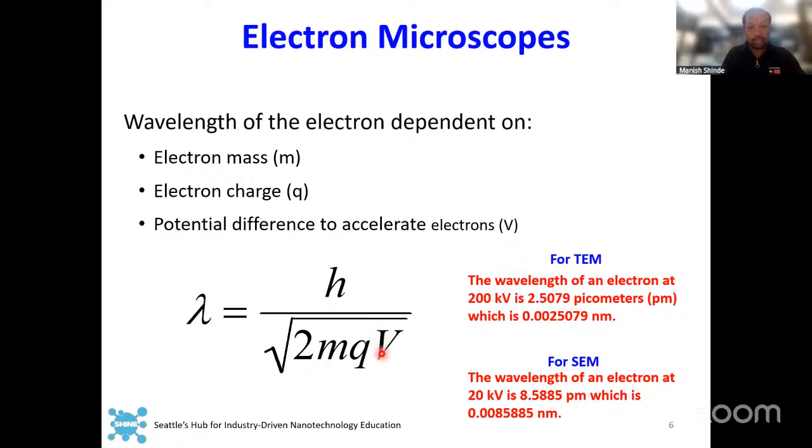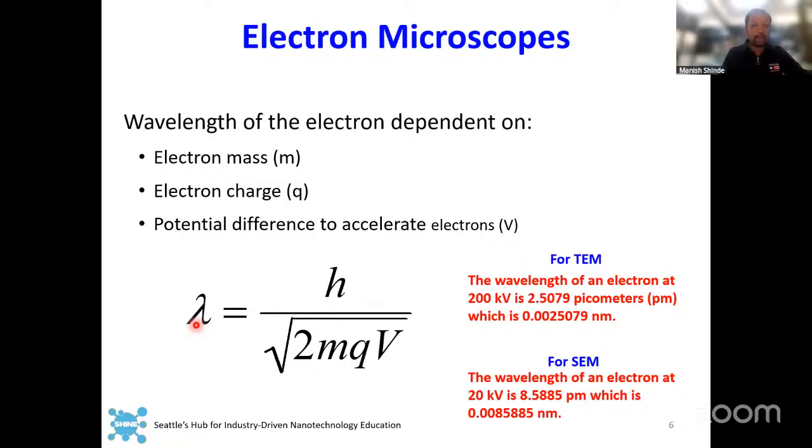So based on this formula, for TEM, the typical voltage applied is around 200 kV. If you put this 200 kV in this formula, as V is very high, lambda will be very small.